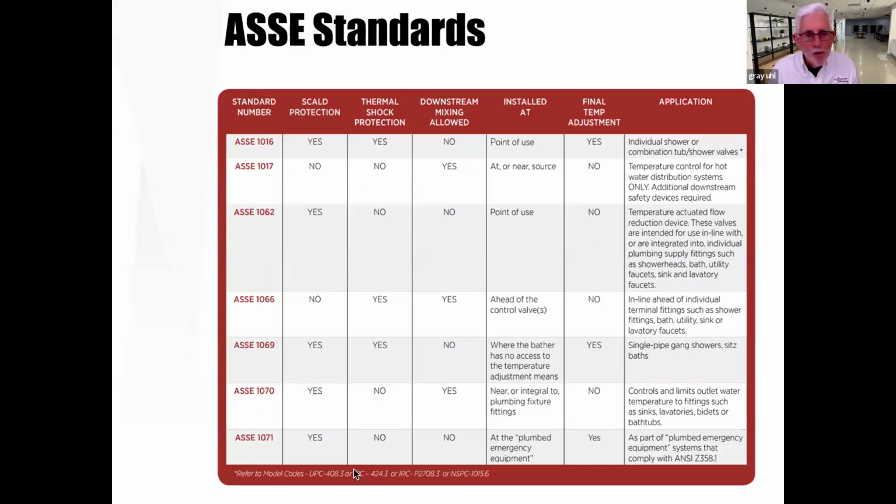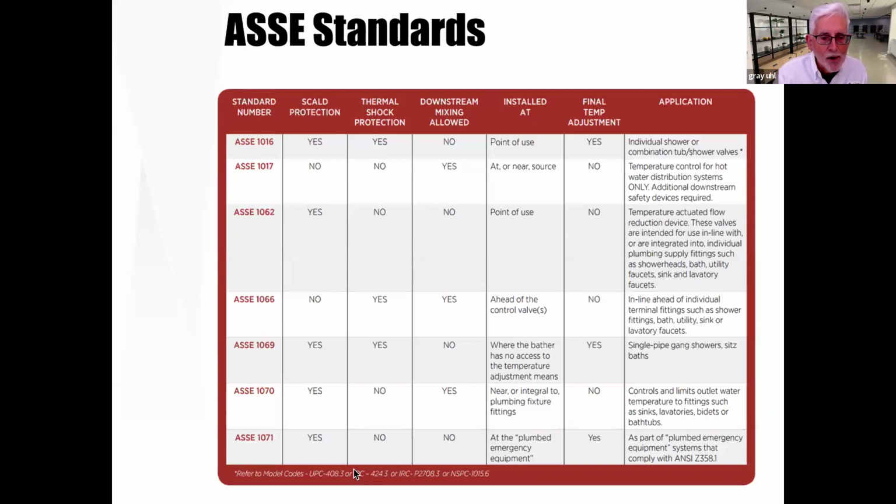And so I won't go through all of these, but ASSE has different codes. The 1016 is the one I talked about when I talked about showers. And there are different ones for different delivery of water to users. But you can see down there, what we're talking about today is the ASSE 1070. It's from the bottom. It is scald protection. It is not thermal shock protection. Downstream mixing is allowed.